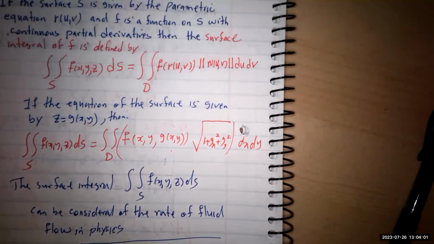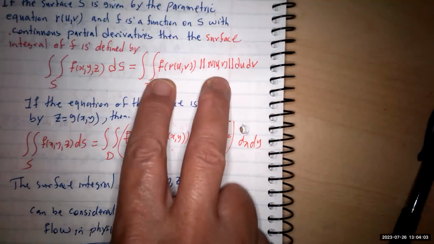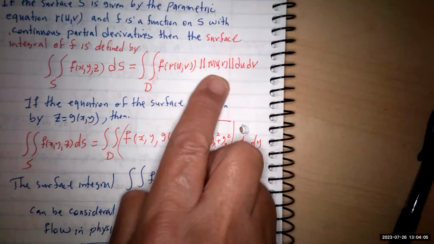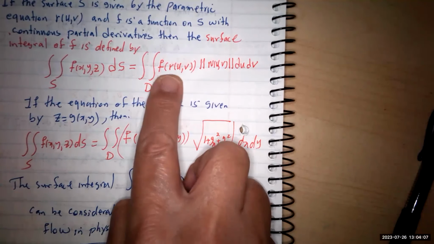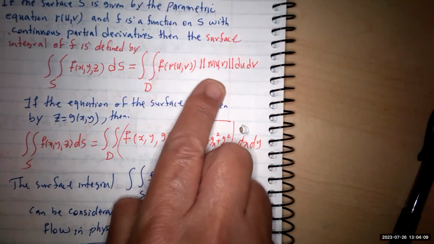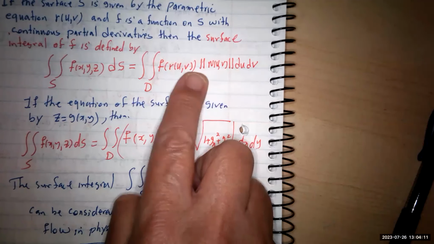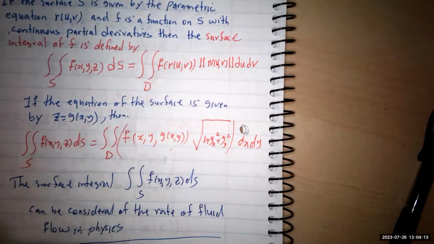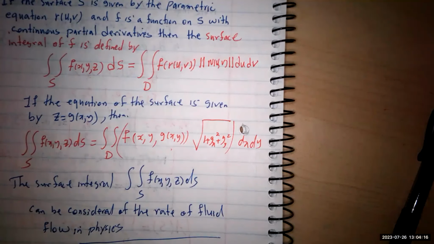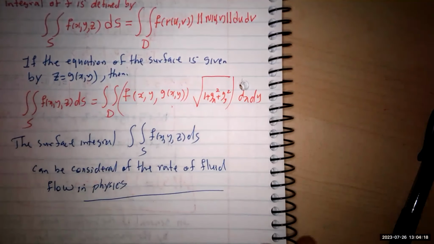If you have a vector field, you know that they are going to be vectors. So instead of this product over here, this would be a vector. We drop the norm and we use that kind of dot product. So we are going to see it. That would be the last case that we're going to consider.